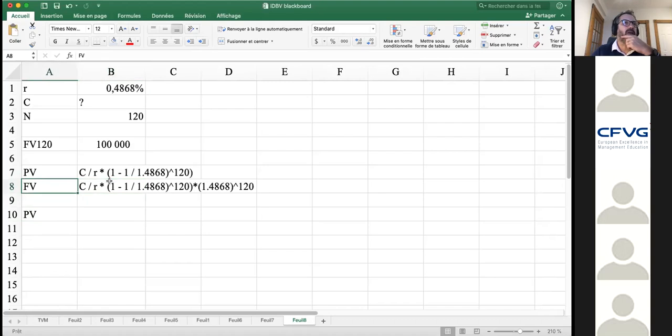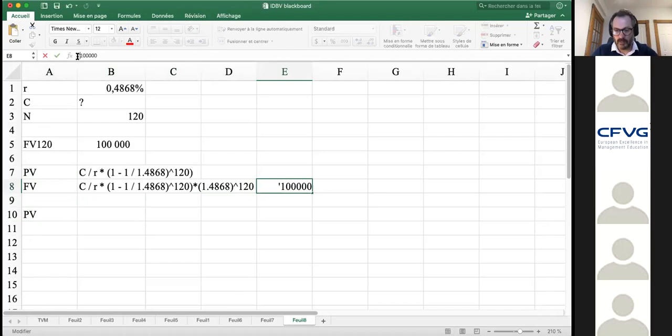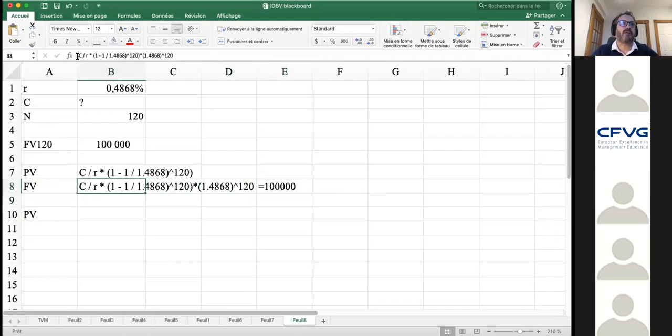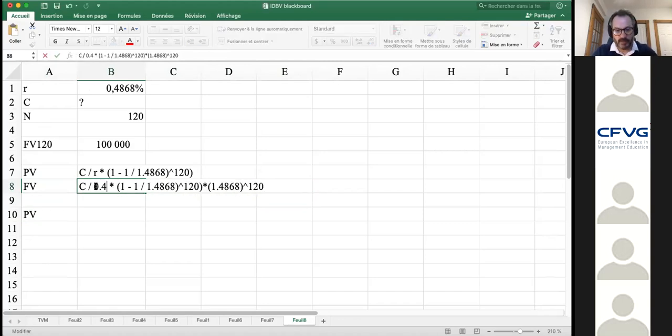So the future value here must be equal to 100,000. And so here you just have to solve the 100,000 here, okay, to solve for C, knowing that R here is 0.004868. And so here also, sorry, I forgot my two zeros.